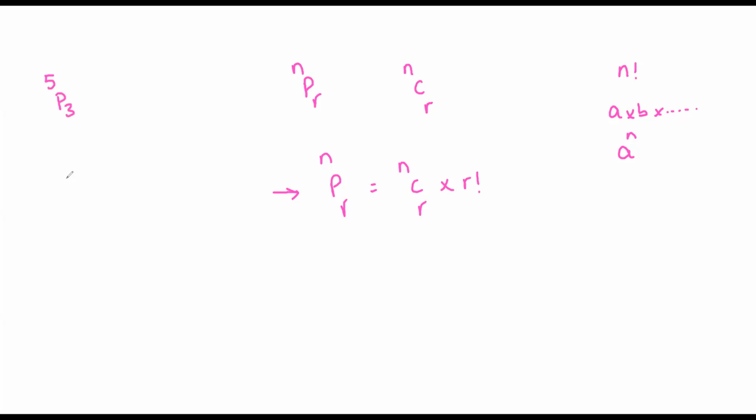The second way is you can choose those three first and then arrange them. If you do it like this, 5P3 divided by 3 factorial is going to be equal to 5C3. This number gives you only the number of choices regardless of their order.